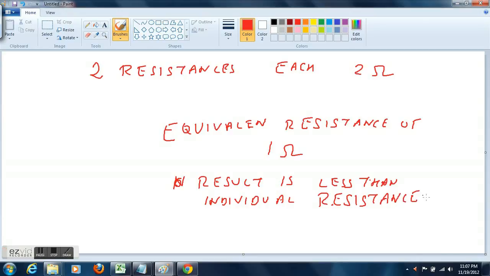Now let us see what will happen if we connect two 2 ohm resistances in parallel.